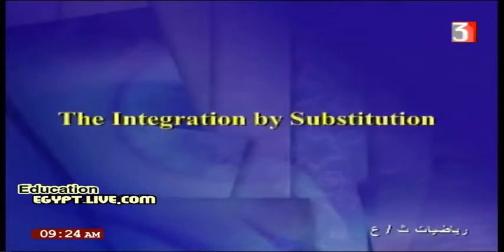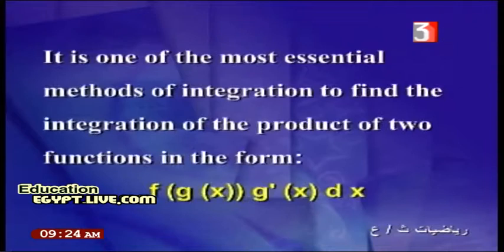Now, the integration by substitution. It's one of the most essential methods of integration to find the integration of the product of two functions in the form f of g of x times g dash x dx.